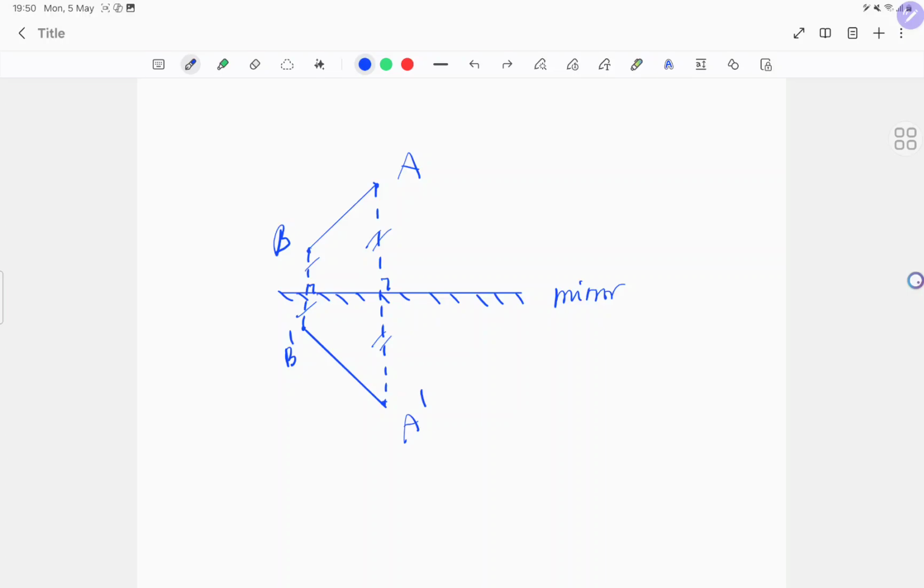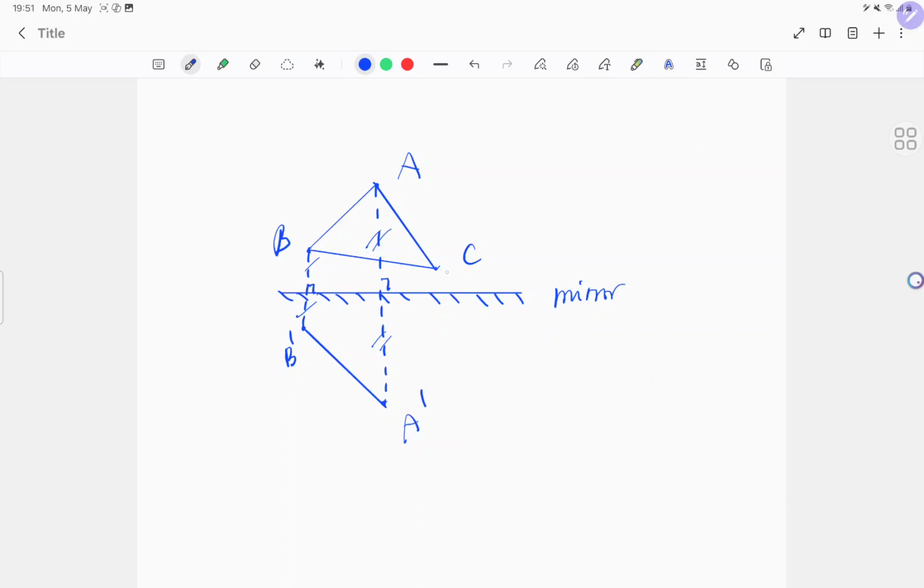The image of the segment AB is this one. See? You have to draw the image of a triangle like this, a triangle ABC.